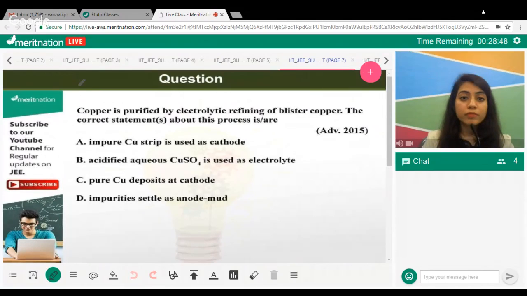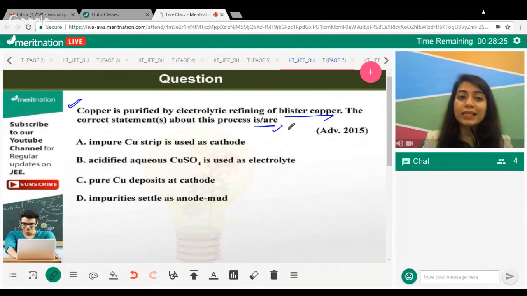Okay. Then the next question we have here is that copper is purified by electrolytic refining of blister copper. The correct statement about this process is which of them? During the metallurgy process of copper, first of all, blister copper is obtained. But it is the impure form of copper. We need to purify it further.